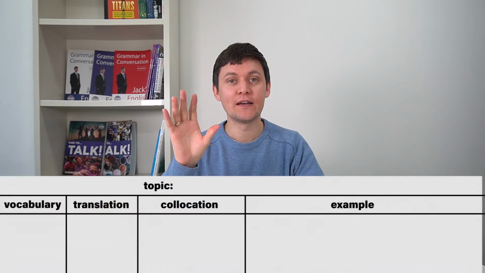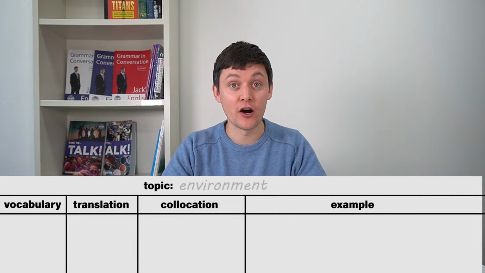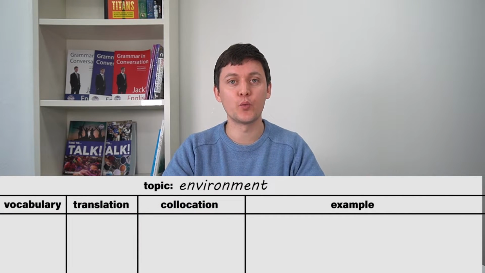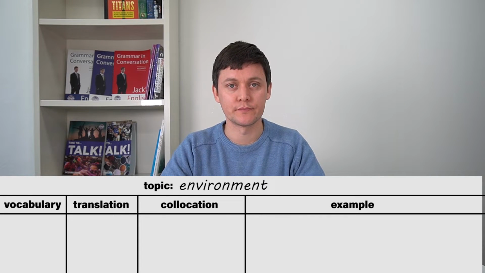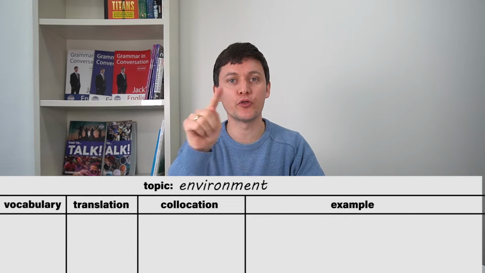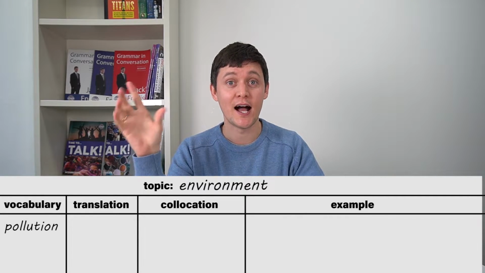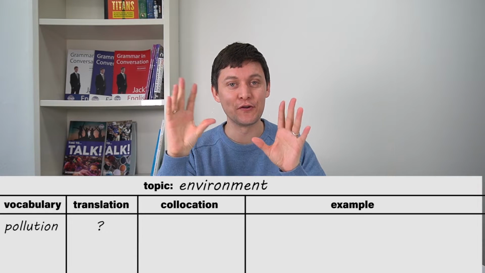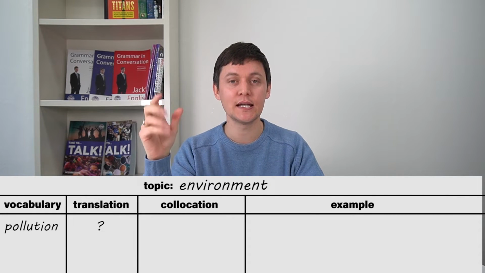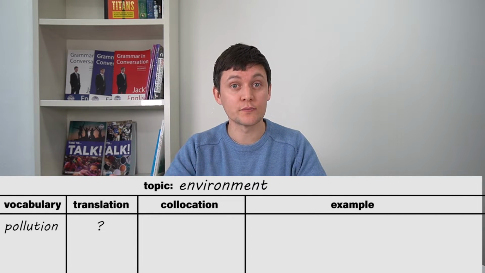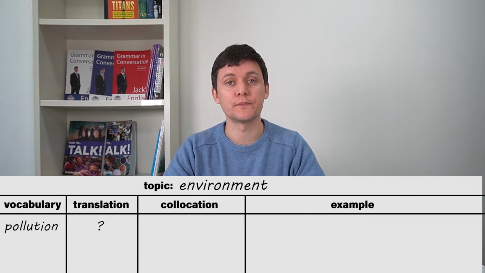So let's do an example using this free template. Firstly, topic, environment. We already decided that. So we learned the word pollution. So in the first column, you'll put the word pollution. Then translate it into your language. I can't help you with that. So you've got your word, you've got your translation, now collocation. So what are some collocations with the word pollution?